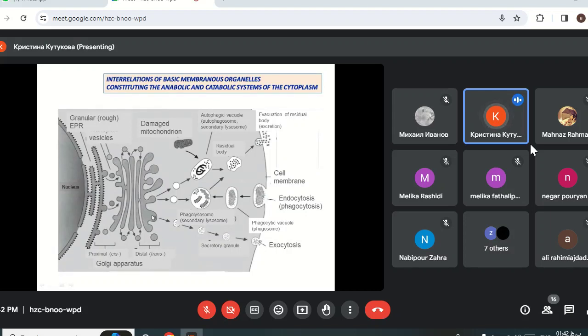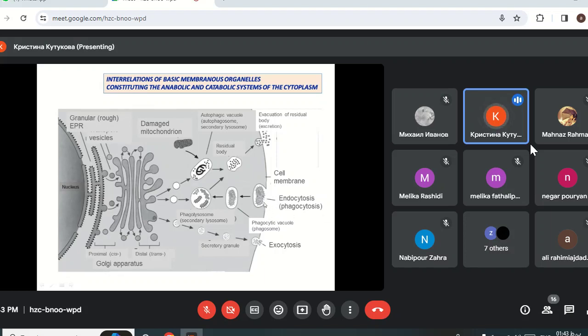So something is produced in rough endoplasmic reticulum, some enzyme, for example, it goes through the Golgi complex, modified here, covered with membrane, and this secretory granule goes to the cell membrane, where it fuses with the membrane and releases the molecules outside. Next, what can also happen in the case of endocytosis, phagocytosis.